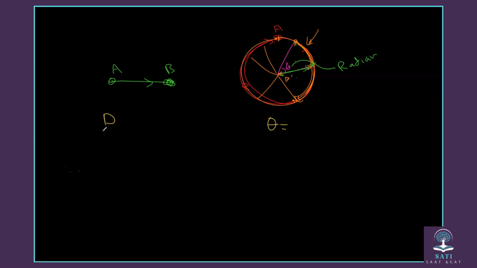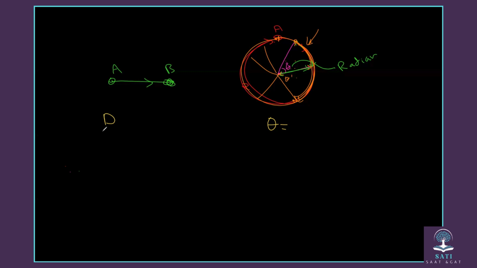Here it makes 2 pi r as the length of the circumference in meters. But how many radians did it move? It will move around 6.28 radians. What does 6.28 radians mean? That means it will be 6 angles like this, and 0.28 of this angle to make 1 whole rotation.